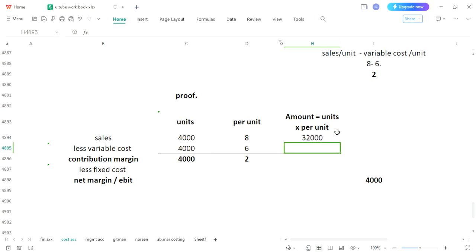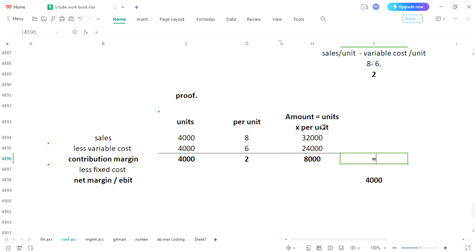We have got our total sale price 32,000. Now variable cost would be calculated by multiplying units 4,000 with 6 per unit variable cost. You have got your total variable cost. Over here you can calculate your contribution margin. Same procedure you can use. Units are multiplied with per unit, units 4,000, and you need to multiply it with 2 per unit. We have got our contribution margin.